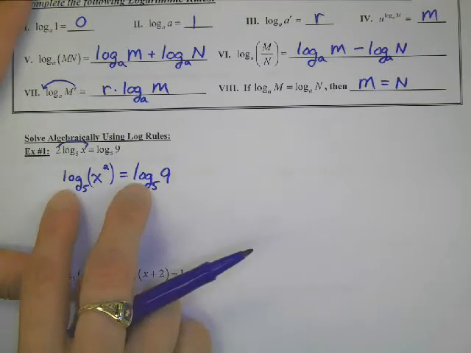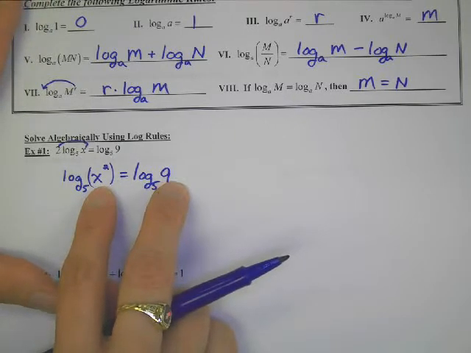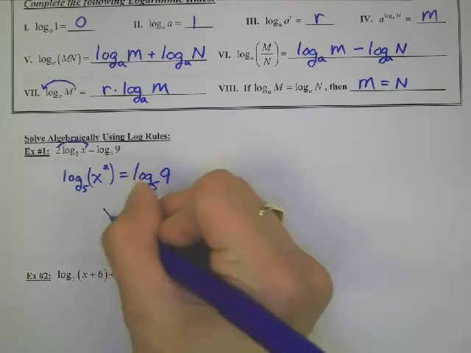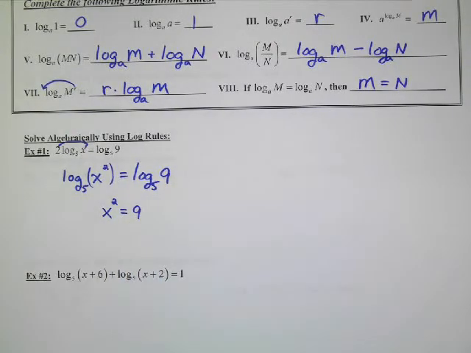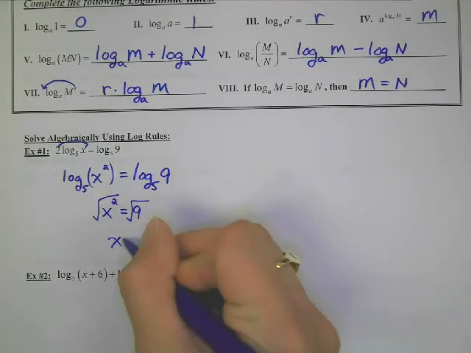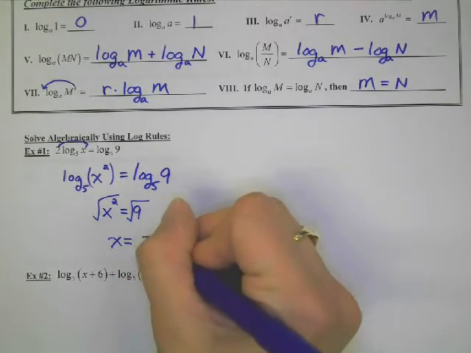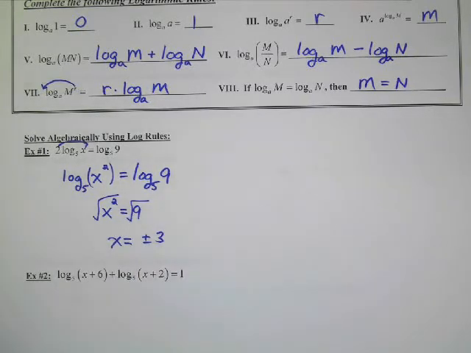If you have two logs that are equal and the bases are equal, then you're going to isolate the ofs. So what we'll do here is we're going to say x squared equals 9. And I'm going to go ahead and square root it. And so my answer is plus and minus 3. X is plus and minus 3, so we got our two answers.